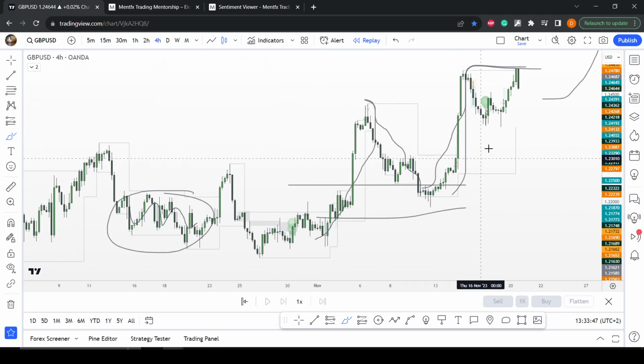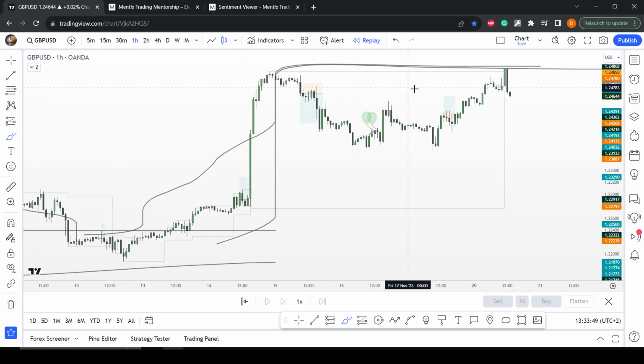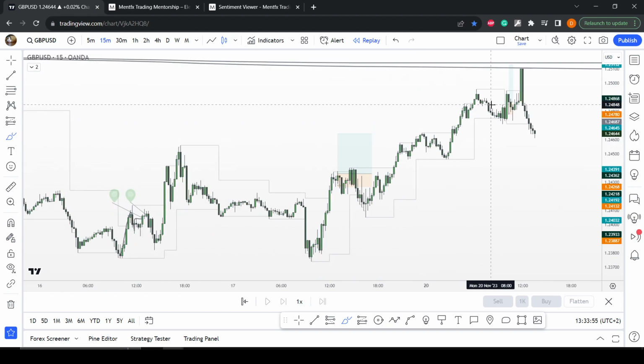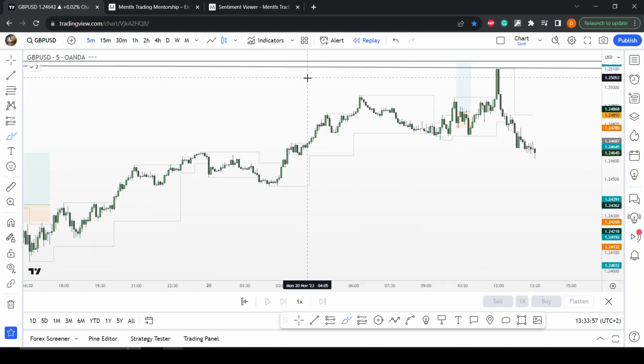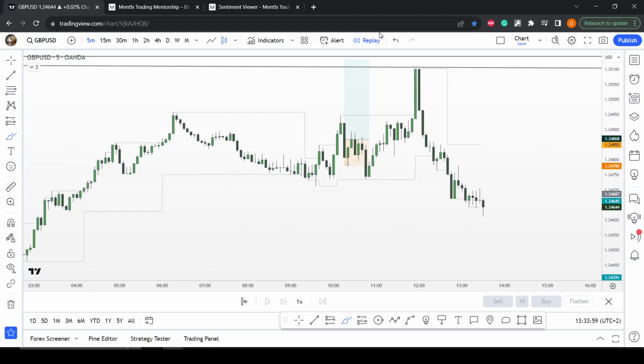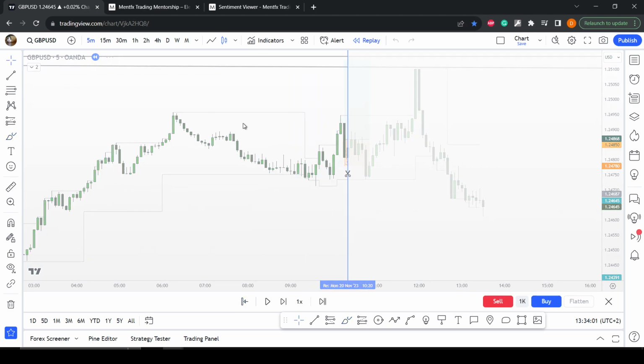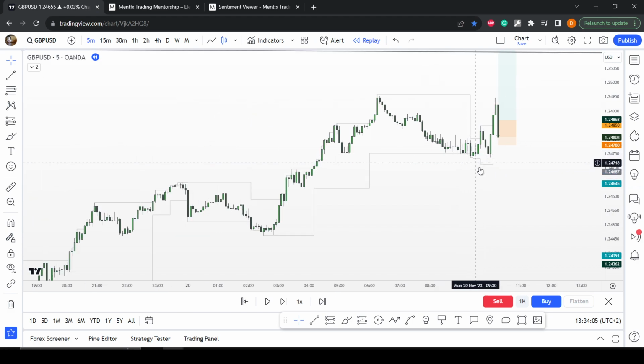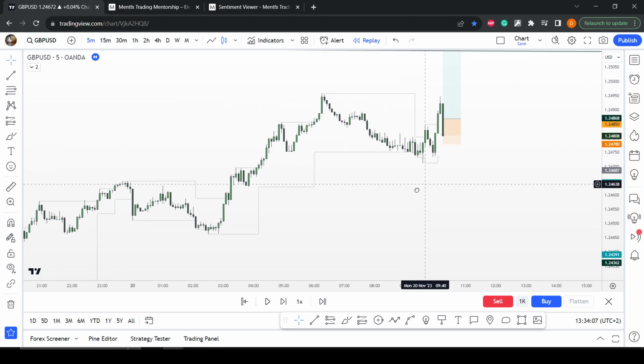On 4 hours upwards moving structure. So the situation is somewhat similar to EuroCAD. 15 minutes just bullish, not the clearest entry, but 5 minutes, as you can see in the moment of the entry. So the problem here, there is actually no problem here.